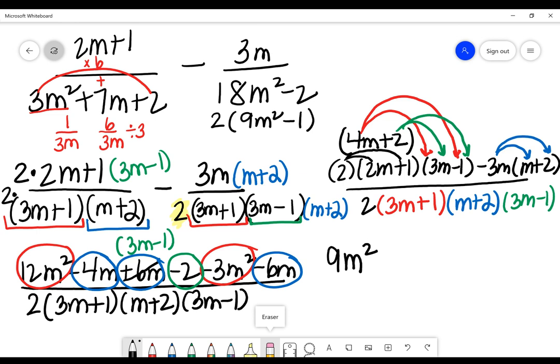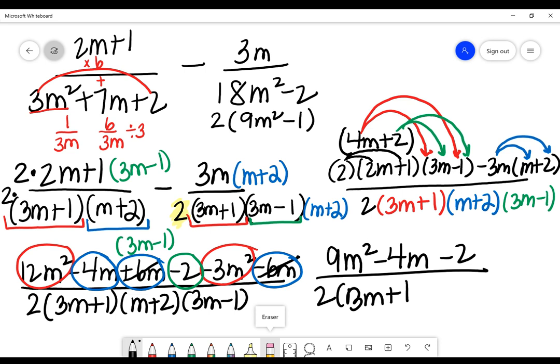Well, these 6m's cancel. Positive 6, negative 6 cancel. So I'm just left with negative 4m. And then minus 2. And that's all going to be over what we found our common denominator to be, which was 2 times 3m plus 1 times m plus 2 times 3m minus 1.